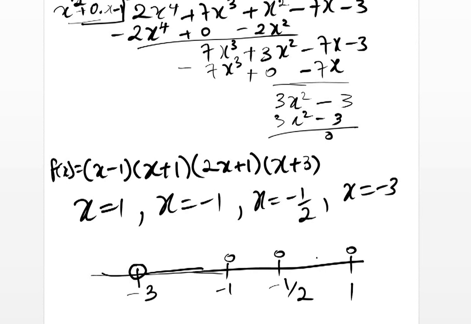Now let's study the sign. The sign here, students: negative 3. Which number is less than negative 3? Negative 4. If you substitute negative 4, each factor will be negative.